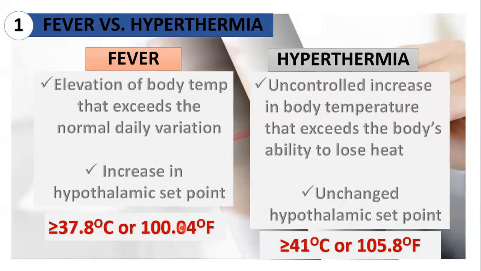Okay, let's define them. Fever is an elevation of body temp that exceeds the normal daily variation, and it occurs in conjunction with an increase in hypothalamic set point. Okay, while hyperthermia is an uncontrolled increase in body temperature that exceeds the body's ability to lose heat. And unlike fever, it is related to an unchanged hypothalamic set point.